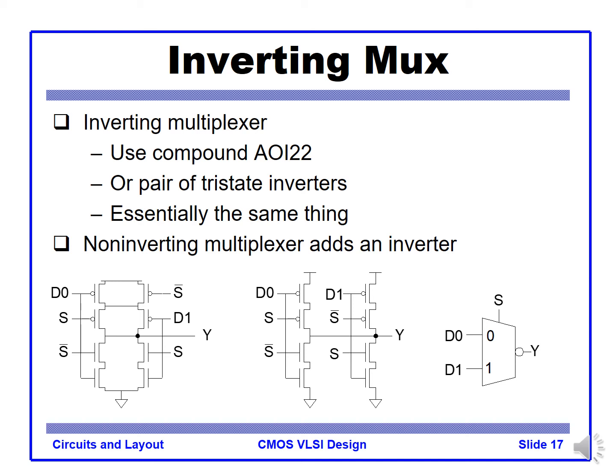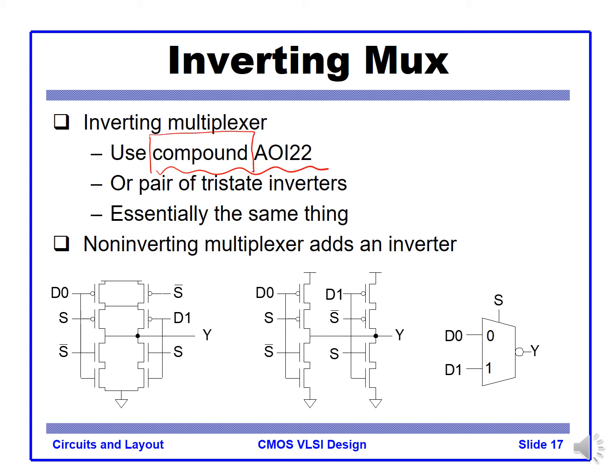Inverting multiplexer. In this case, there are several ways of implementing a multiplexer. One is to use a compound gate, AOI.